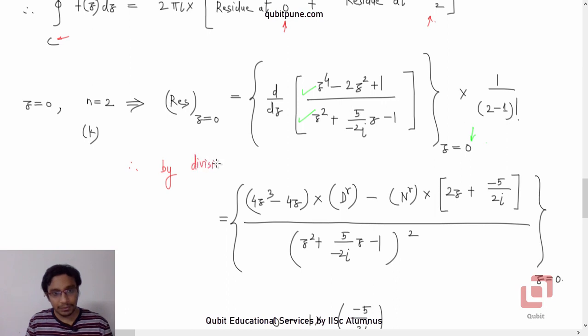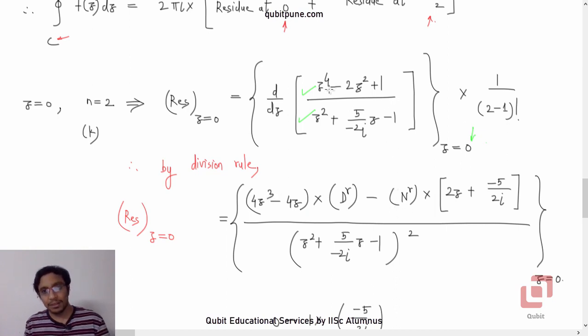By the division rule, the residue will be equal to the derivative of the first function, 4z cubed minus 4z. Don't write the denominator because this is going to be 0, due to the first term, minus the numerator, which is this, into the derivative of the denominator, which is 2z plus 5 upon minus 2, divided by the square of the denominator.